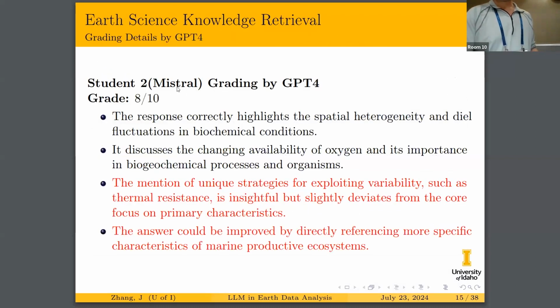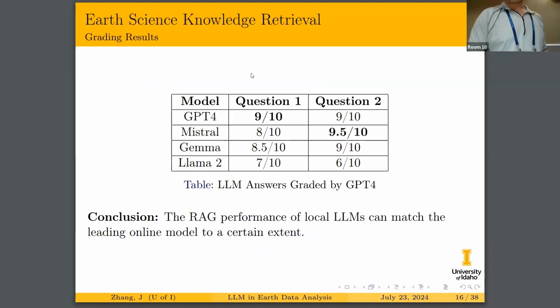You can see the generated answers graded by GPT-4. The first two points say why the generated answer is meaningful, sound and perfect, and the second two points by GPT-4 are criticism about the generated responses. The overall grade for this generated answer by GPT-4 is 8 out of 10.